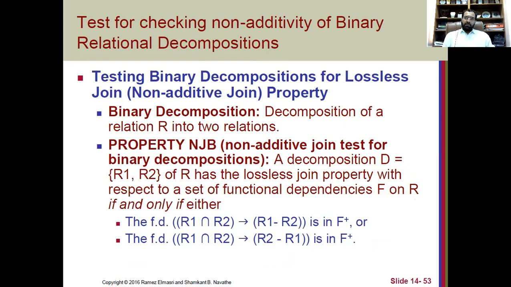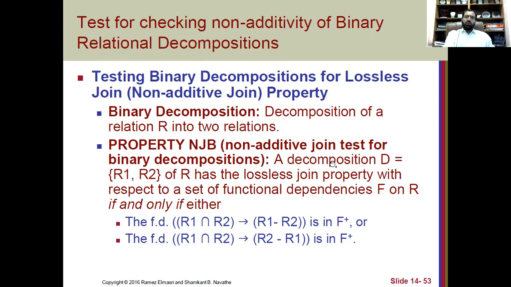Whenever a relation is decomposed into two relations, you have to apply a non-additive join and see whether the original relation can be recovered, and whether the original dependencies can be preserved or not. Those must be preserved.